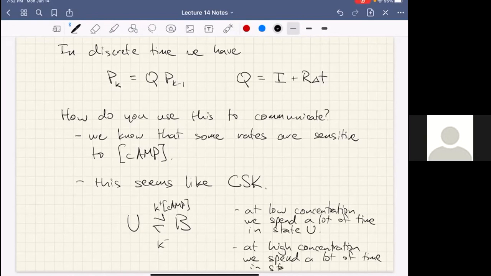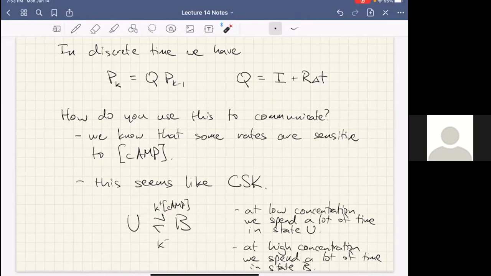In fact, you can be analytical about it. For a given cAMP concentration, you can determine the probability of being in U and B by solving this matrix for its unit eigenvalue and the associated eigenvector. And that gives you the probability of being in both U and B for a given concentration of cAMP. So for low concentrations, you'll see a certain set of probabilities.